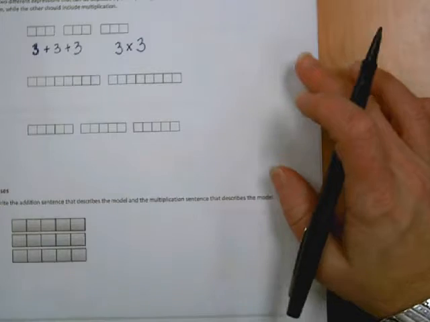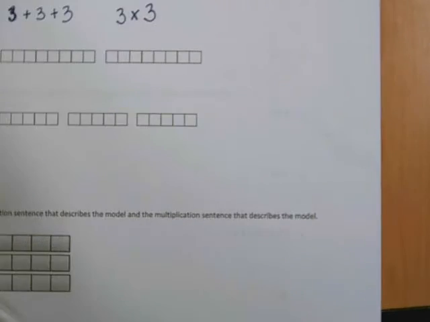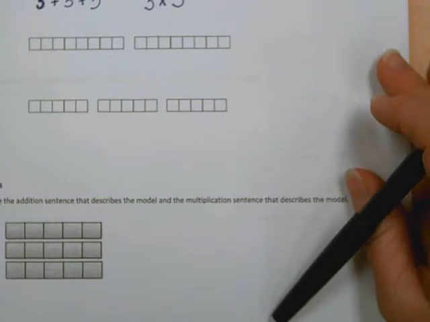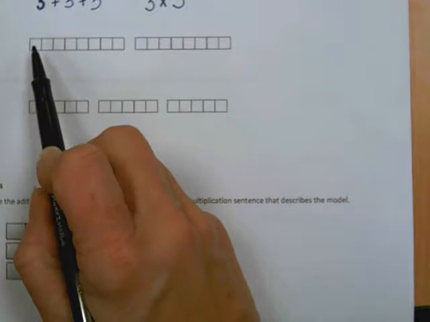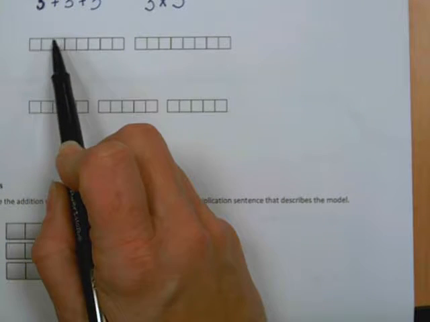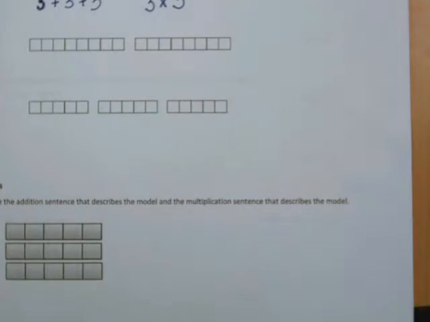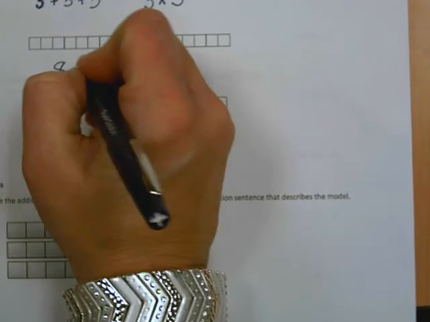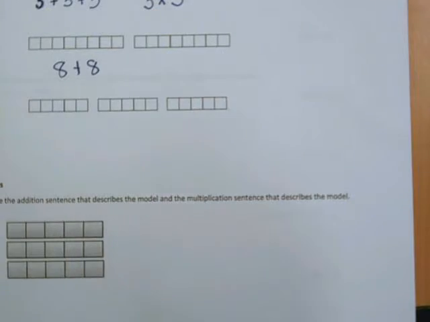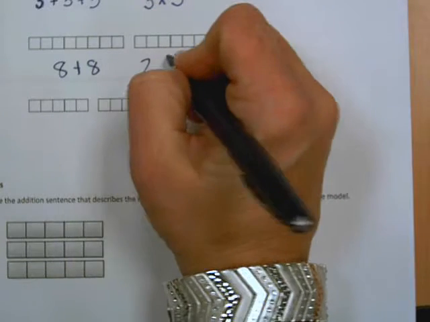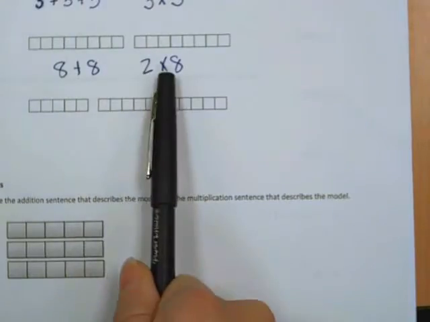So for the next tape diagram, for letter B, I'm going to count the squares in each section. 1, 2, 3, 4, 5, 6, 7, 8. So I see there's 8 squares. So I could do 8 plus 8, or I could do 2 times 8, because there's 2 groups of 8.